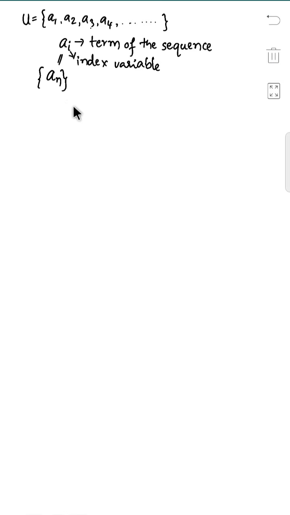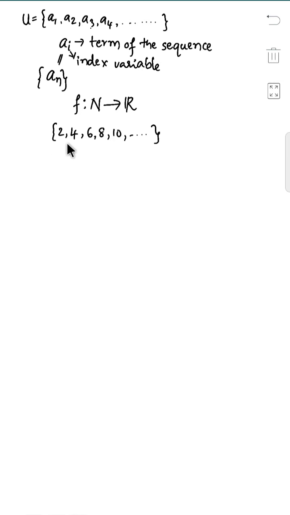Now we defined the sequence as a function, right? A sequence is a function from the natural number set to the real numbers. So let's see how it can be represented graphically. For example, take a sequence of even natural numbers 2, 4, 6, 8, 10 and so on. This is the first term, second term, third term, fourth term, fifth term, right?